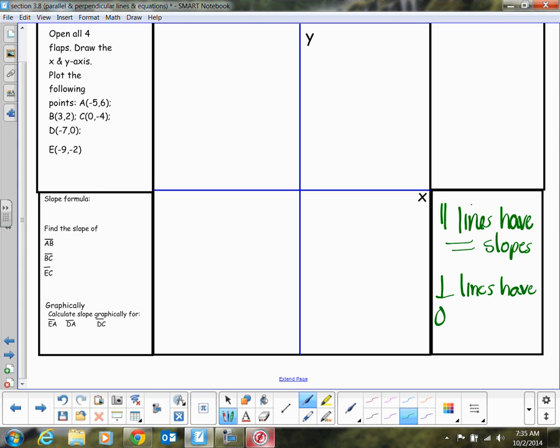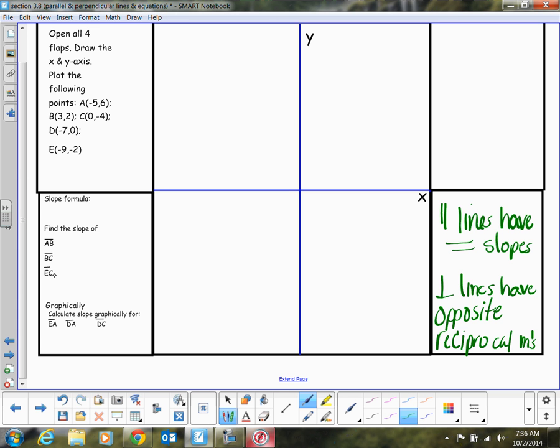There you go. Opposite reciprocal slopes. Got to know those. So this foldable is complete.